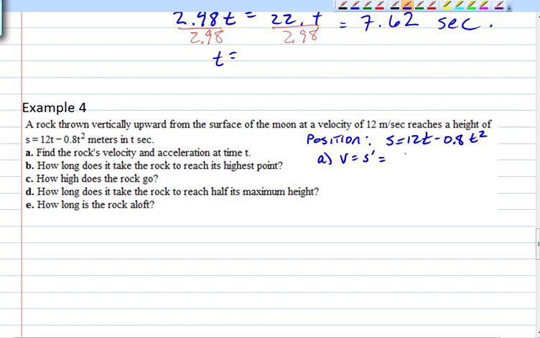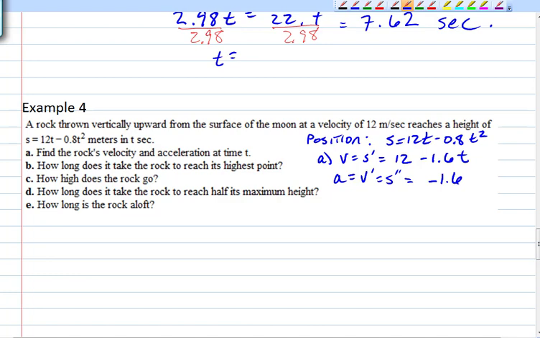That's going to be 12 minus 1.6 t. Acceleration is the derivative of the velocity, which is the second derivative of the position, which is negative 1.6. It's a constant. This is the acceleration due to gravity on the moon, measured in meters per second squared.